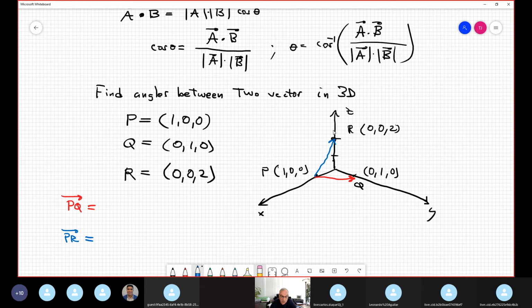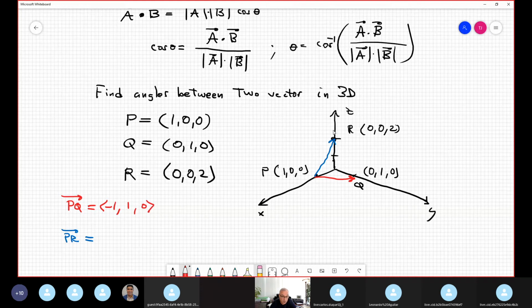You remember the formula that we use to determine the vector between two points. For example, PQ is the subtraction, where Q is the arrow, so subtracting: 0 minus 1 is negative 1, comma, 1 minus 0 is positive 1, comma, 0 minus 0 is 0.